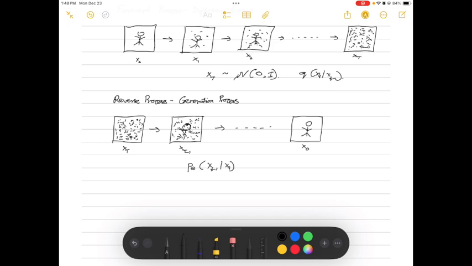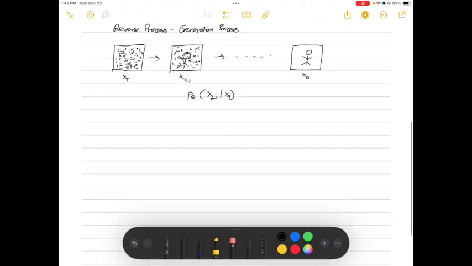And if I do this for many steps, up to t time steps, I should be able to end up with the cleanest sample, the generated data sample. That's x0. So that's the high level overview of diffusion models.